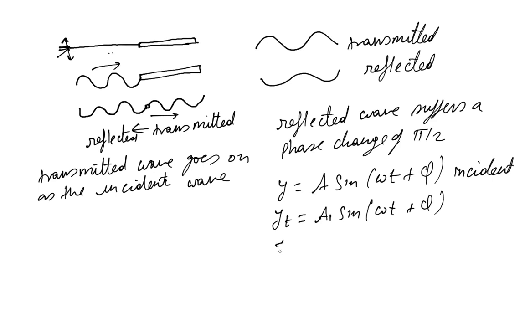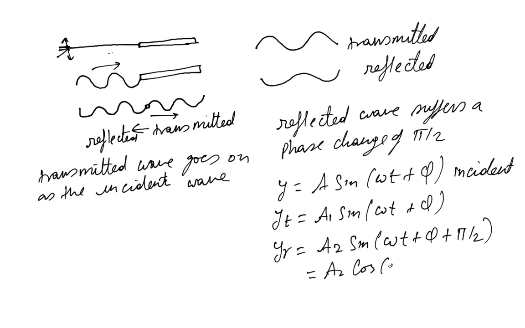But the reflected wave, y_r, will have a different amplitude, and on top of that it will also suffer a phase change of pi/2. There will be additional phase which you have to add, and this is nothing but a cos of (omega t + phi). So you see, this one just keeps going like that, but this one becomes a cosine instead. So these are called boundary conditions. So this is all about transmission and reflection and velocity of waves.